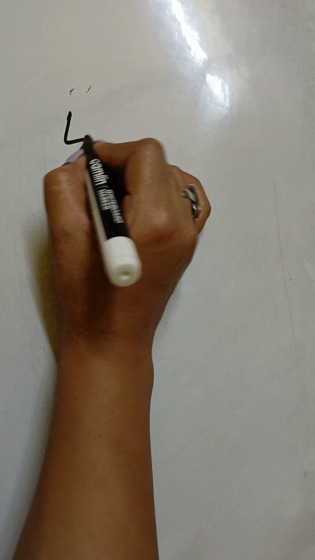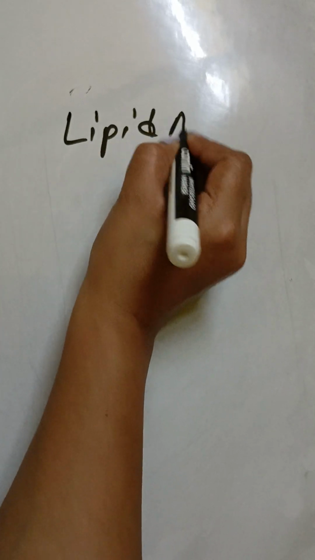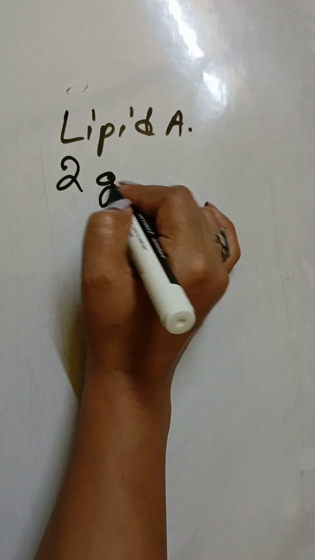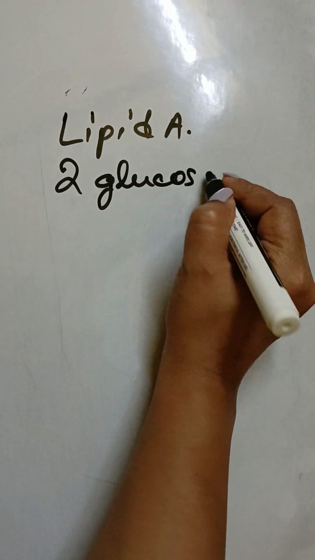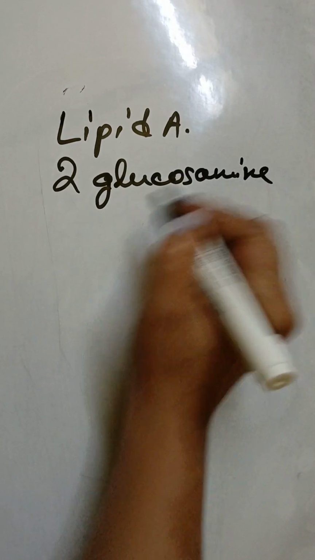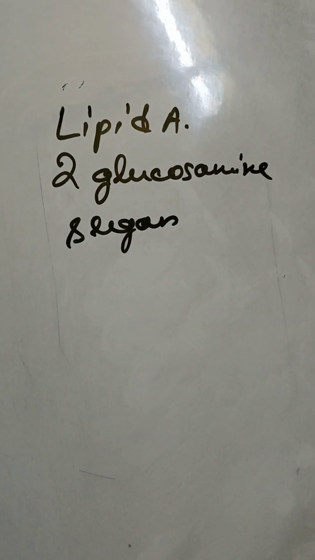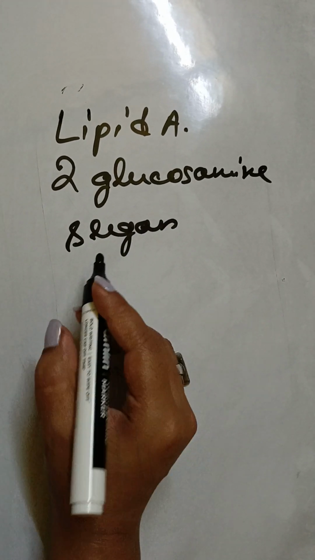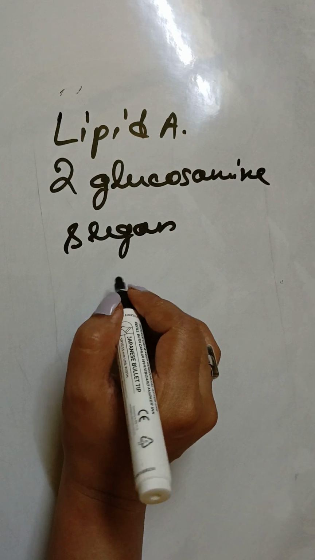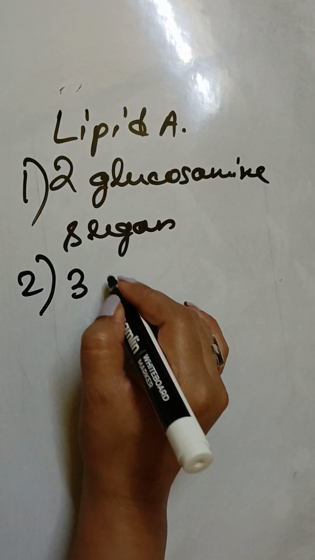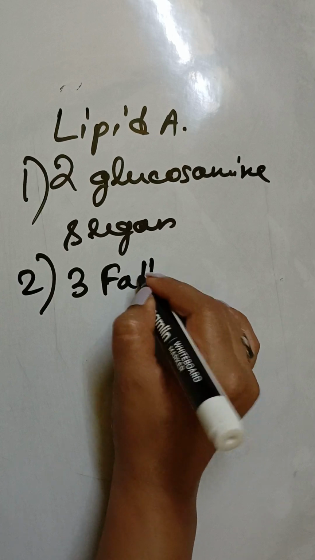Now, the lipid A contains 2 glucosamine sugar moieties, and each of the sugar moieties contains 3 fatty acids.